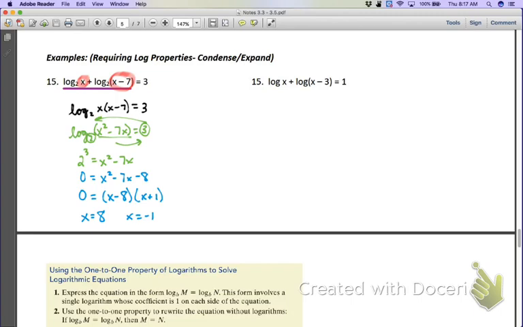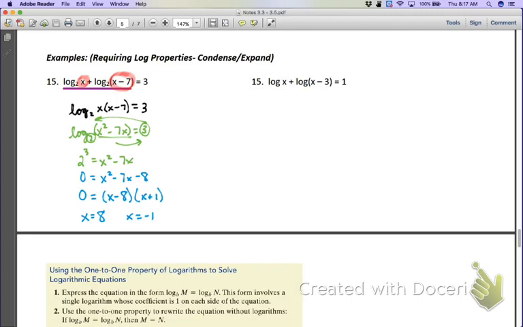Now, one of these will work, one of these will not. I can't have a negative in the "of" statement. I can have a negative x, but I can't have a negative value.